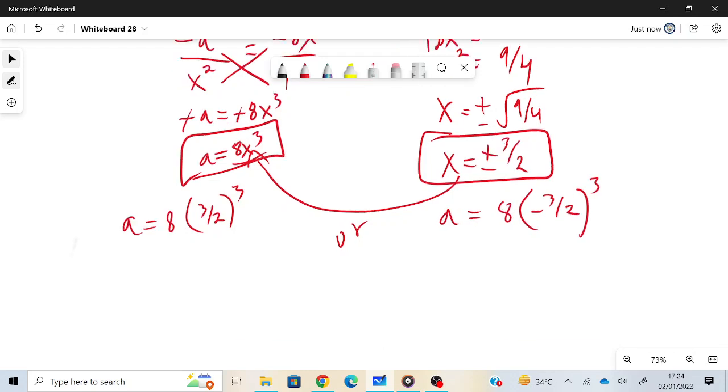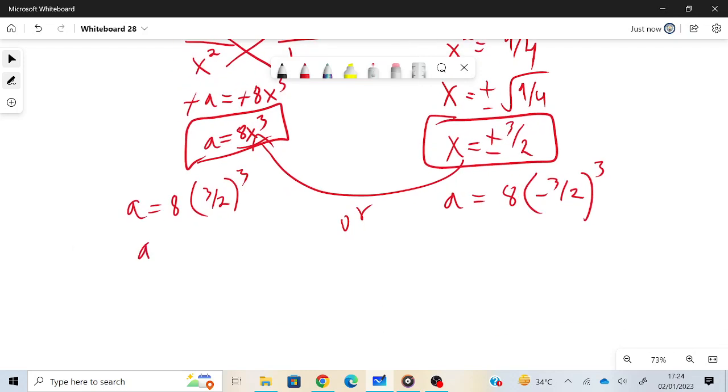Doing our math, we know that this would give a is equal to 27, and the other one should give minus 27. Yeah, because it's just the signs are different, minus 27.